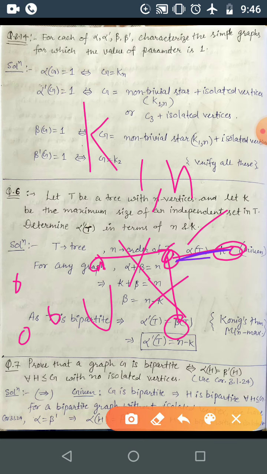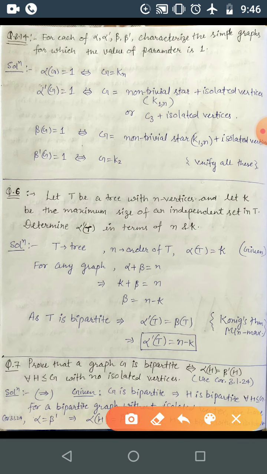So alpha dash is 1 if G is a non-trivial star added with some isolated vertex, you can add it or not, doesn't matter, or G may be C3 added with isolated vertices.